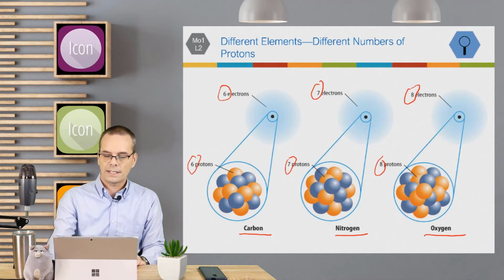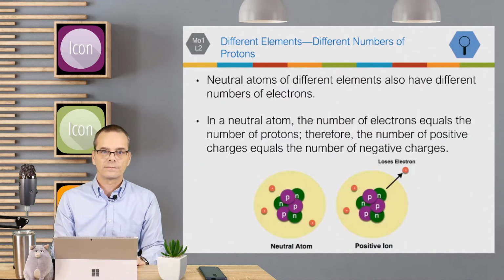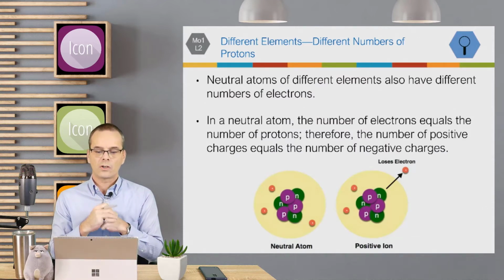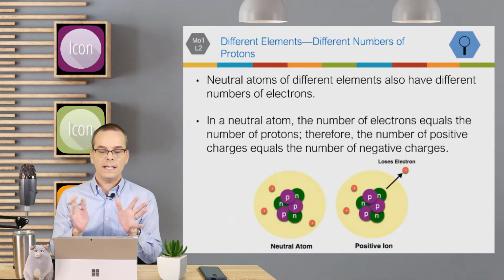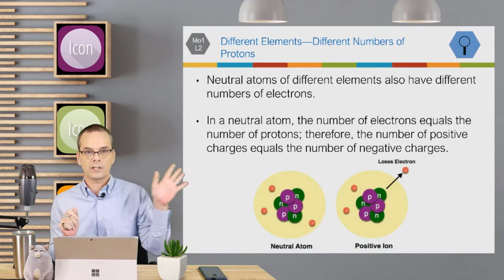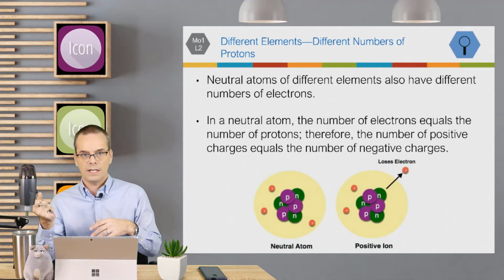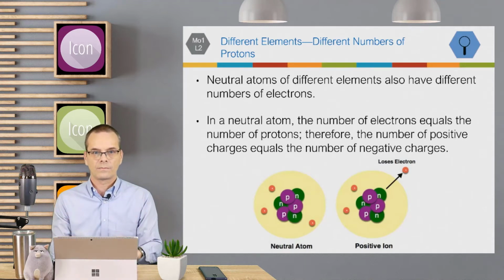And oxygen has 8 electrons and 8 protons, also balanced. Neutral atoms of different elements also have different numbers of electrons. In a neutral atom, the number of electrons equals the number of protons, just like I showed you a minute ago. Therefore, the number of positive charges equals the number of negative charges, so it's balanced.